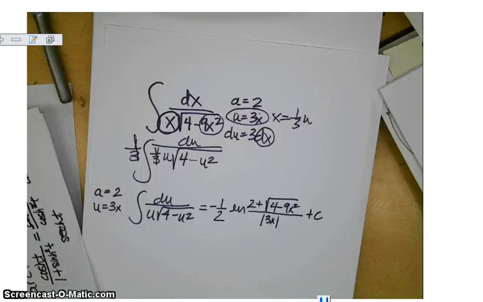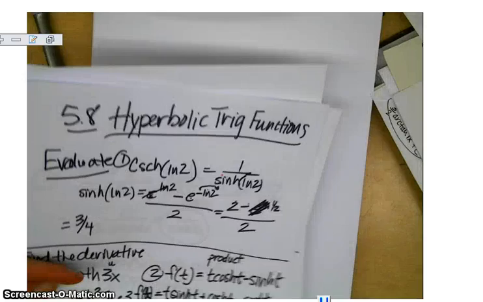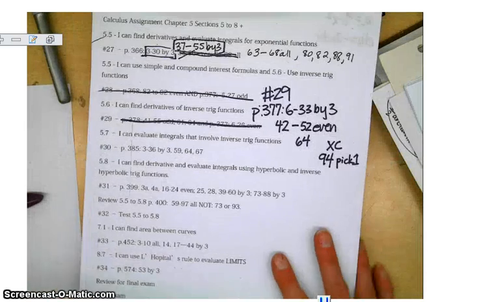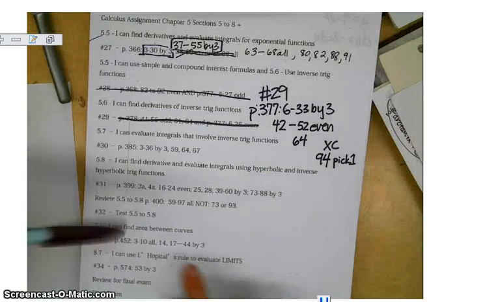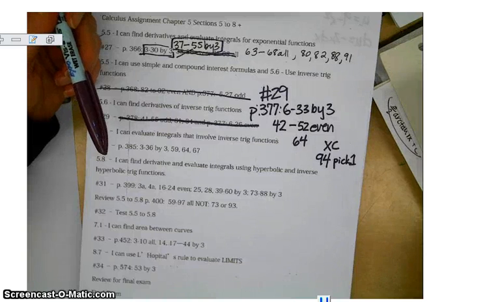Where is the assignment sheet? Who has an assignment sheet for me to look at? I bet I have one. Oh, yeah, I found it. Okay, so the assignment, let's see, what do I want you to do? Do I want you to do the whole thing? Probably not.